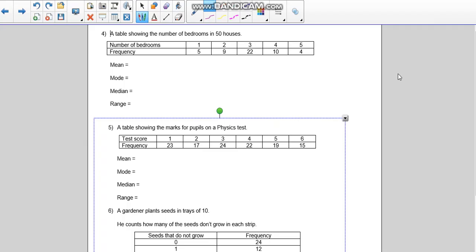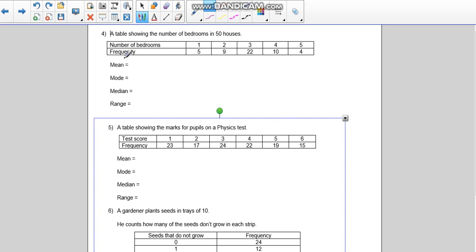Okay, so this is worksheet 2B that's on Show My Homework. So either open it up or print it off. On these questions you don't have that extra row that you need to work out the total. It says here we've got a table showing the number of bedrooms in 50 houses. We need a row that tells us the total number of bedrooms.